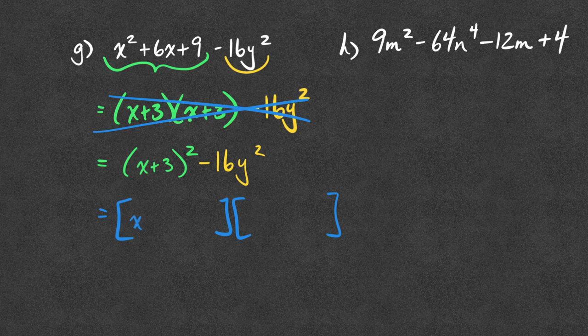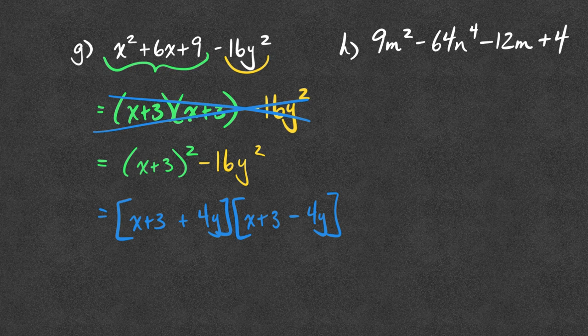What goes at the front of both brackets is an x plus 3, because that's what was squared. What goes at the end of both brackets was a 4y, because that's what was squared. And if I'm going to factor it into conjugates, one has to have a plus, one has to have a minus.